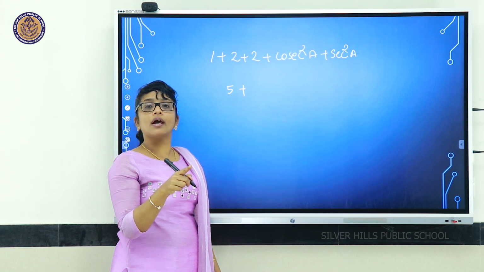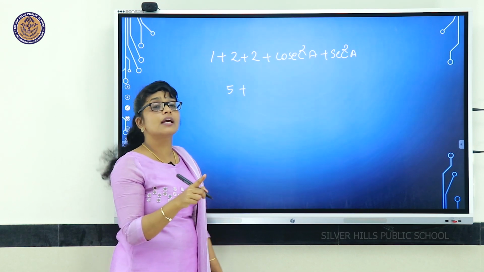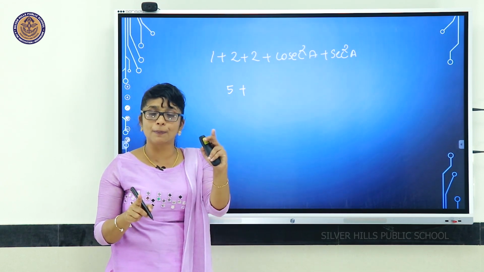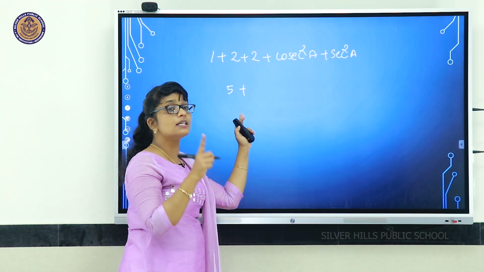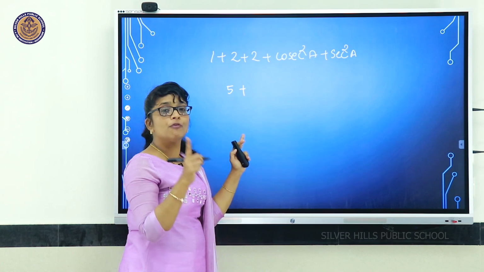What is cosec square A? Cosec square A is equal to 1 plus cot square A. Why? Here we have to get 7. We got only 5.